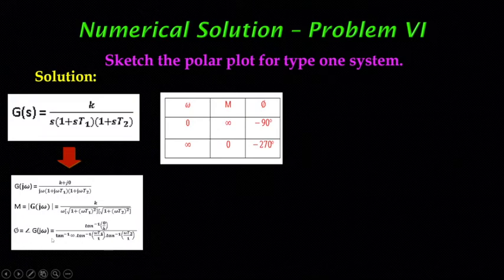So this is 0 minus 90 degree and omega 0 means these two angles are 0. That means answer is minus 90 degree. When put omega equal to infinity, then this angle is 90 and this angle is 90. That means three angles are 90 degrees. So minus 270.